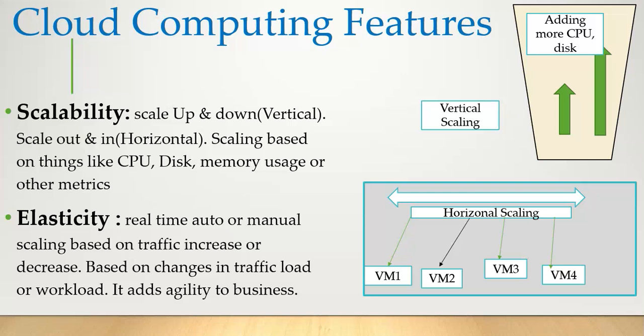We can make it automatic, and that's why it's called elasticity. It adds more agility to the business, so that the business is quickly ready to serve whatever demand comes, and it also gives a cost advantage.